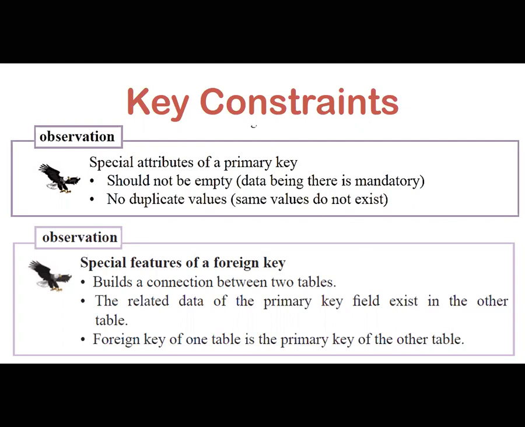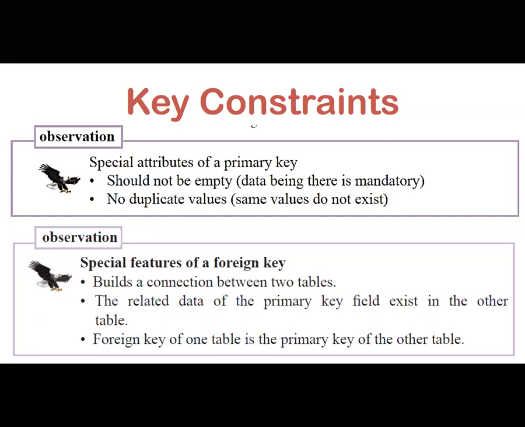Then if you see the foreign key's special features, it is built to build a connection between two tables. That is the main purpose. The related data of the primary key field exists in another table.